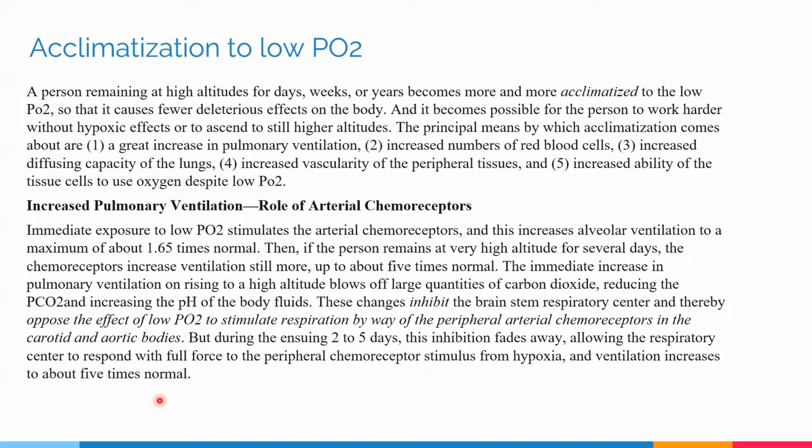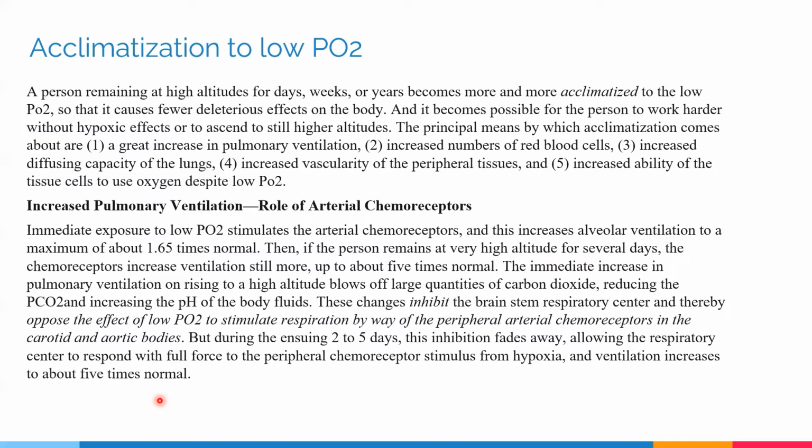Thus, in the initial days, the regulatory center in our brain for respiration is dependent majorly on carbon dioxide levels. And as more and more carbon dioxide gets blown off as pulmonary ventilation increases, the rate of pulmonary ventilation is thus controlled so that the amount of carbon dioxide that is blown off is not huge.